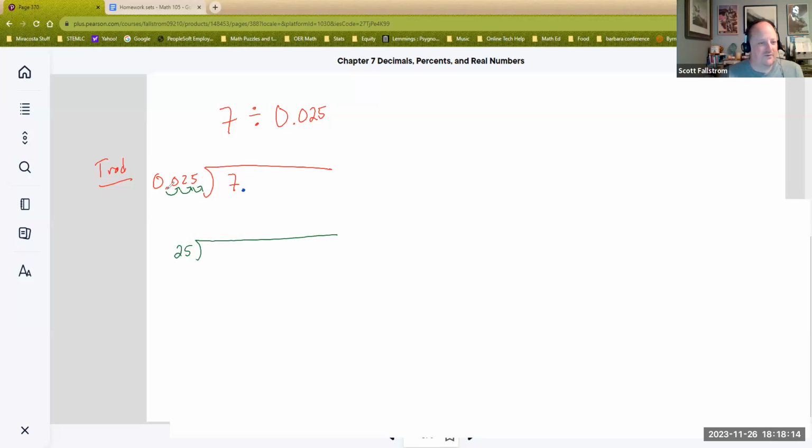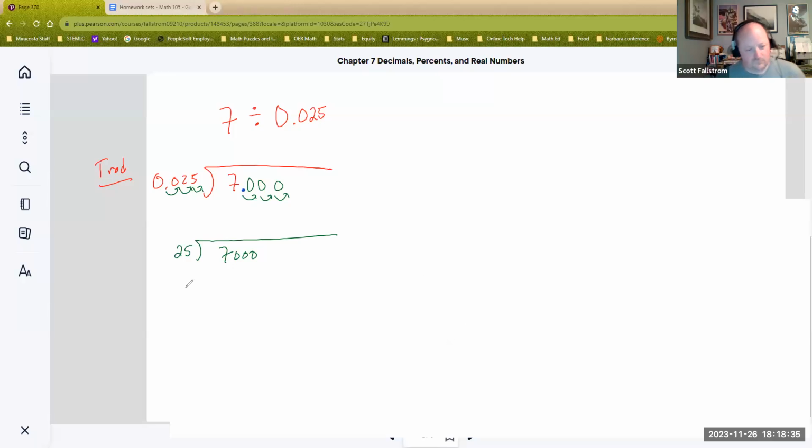By doing that, I multiplied by 10, 10, and 10. That's 1,000. I have to do the same over here. I have to move this 3 places. There's nothing written there, so those become zeros. So really, this becomes the problem, 25 into 7,000.